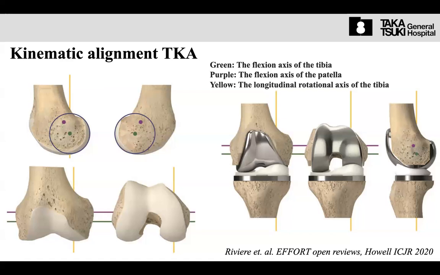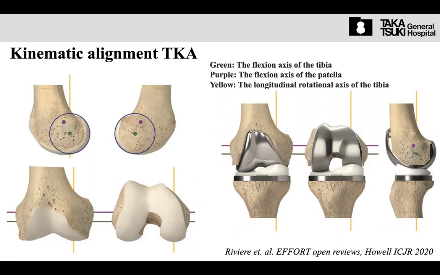So the single radius component makes the cylindrical axis a component, and this is a ball in socket joint, so perfect conformity of the medial side. This allows the tibial rotation around the medial side, the so-called medial pivot motion.